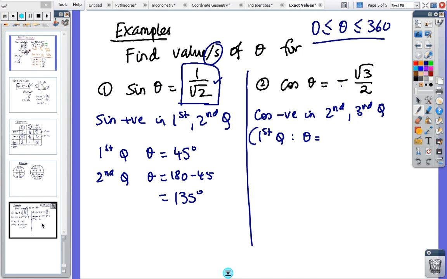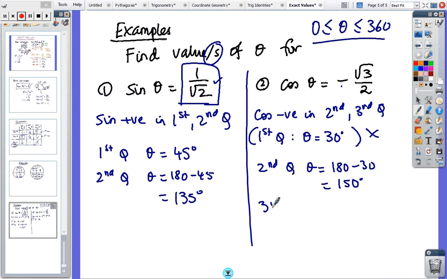So in the first quadrant, it's 30 degrees. In the second quadrant, theta will be 180 minus 30, which is 150. And in the third quadrant, theta equals 180 plus 30, which is 210.